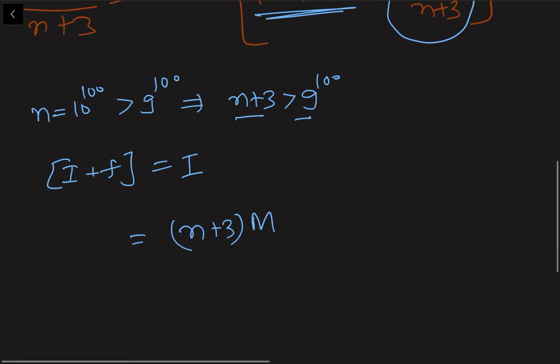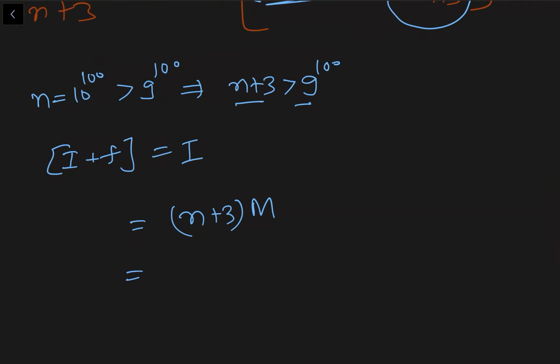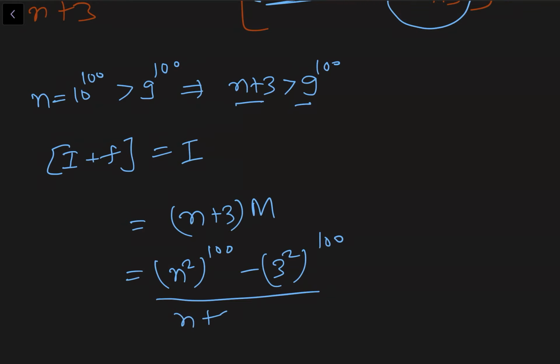Now let's rewrite the previous expression: n square raised to power 100 minus 3 square raised to power 100 divided by n plus 3.